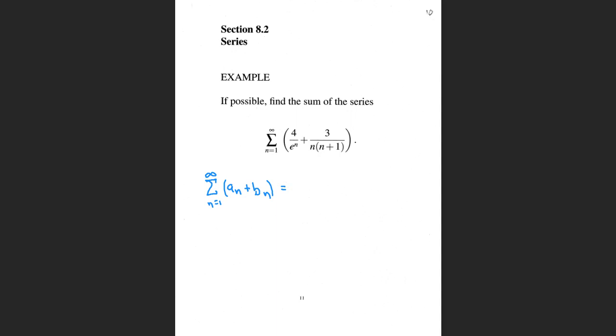The series of a sum would be the sum of the series. That's right, Taj. So we can separate.